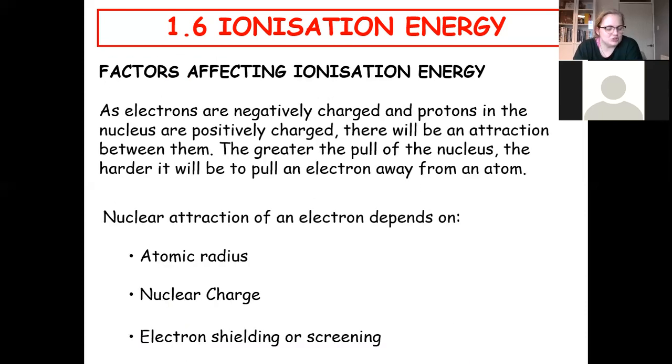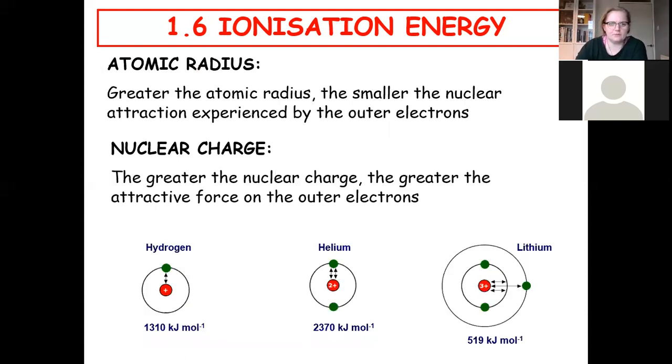So we'll look at atomic radius first. Sometimes this is called the distance from a nucleus. Why we have to call them different things each time, I don't know. But I'm just going to annotate this a second.